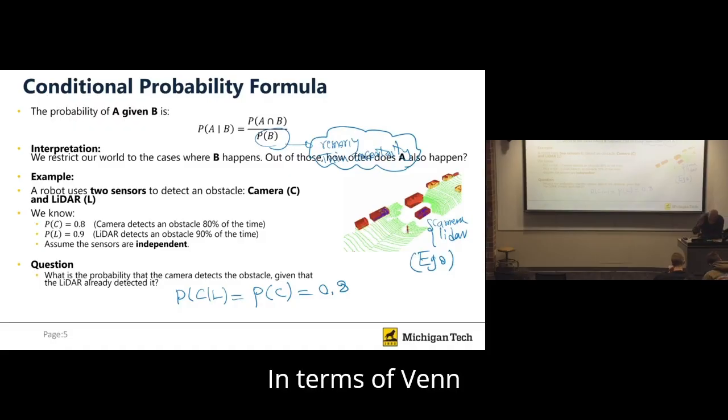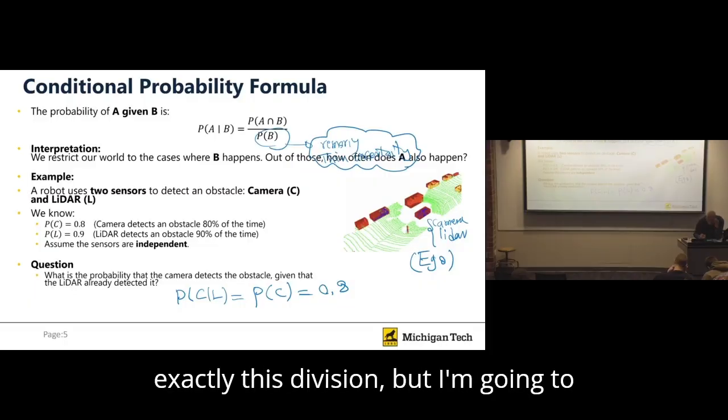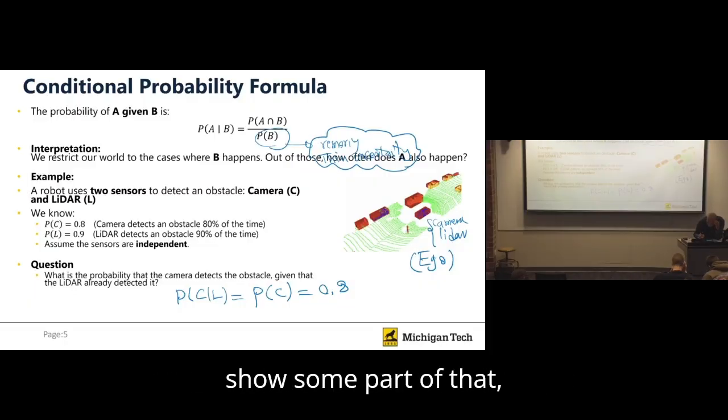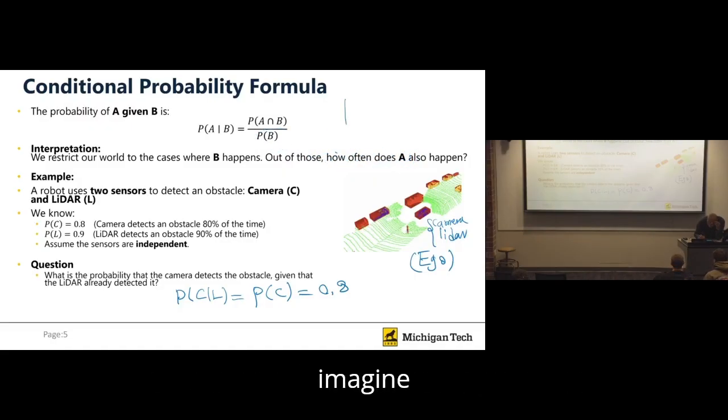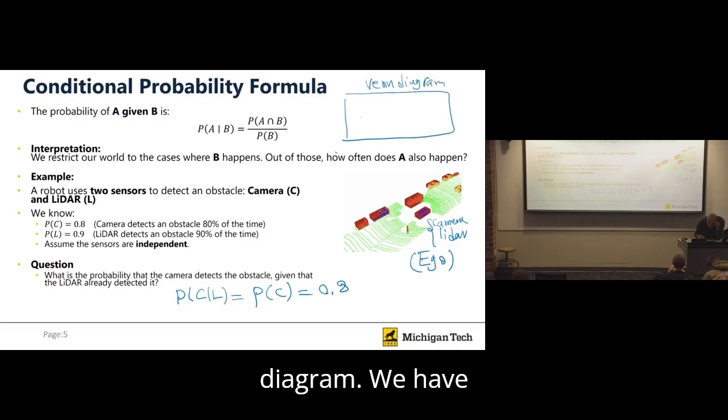In terms of a Venn diagram, we can't show exactly this division, but I'm going to show some part of that, the question that you asked about the Venn diagram. So in a Venn diagram, imagine we have A and B. So A and B is this one.